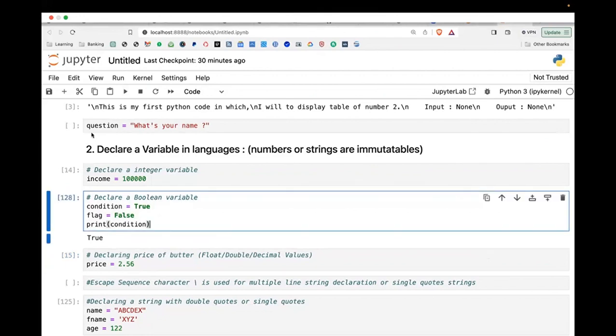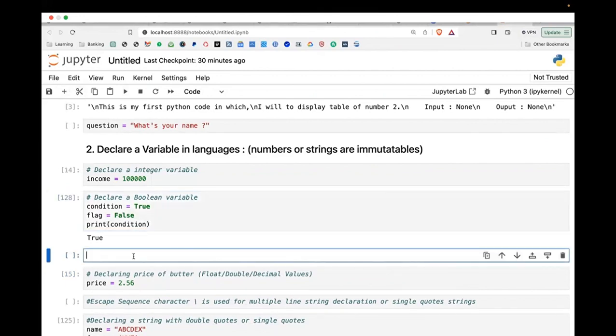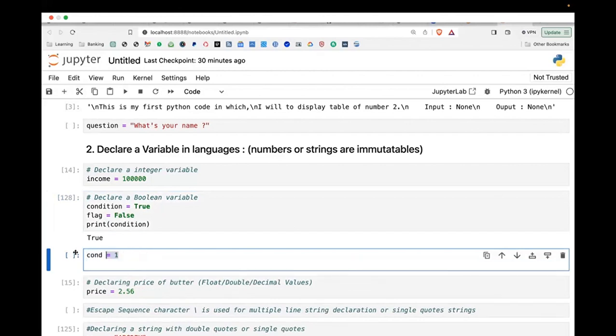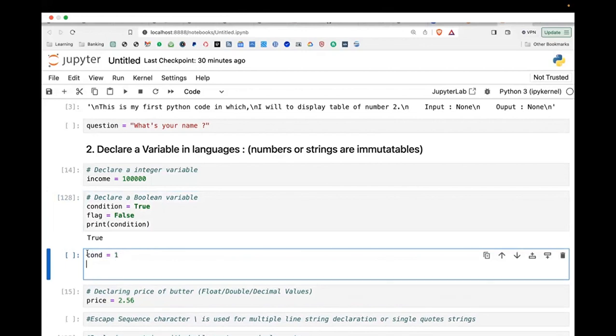Suppose a variable condition is equal to 1. Can you tell what would be the condition value for this 1? There is a function in Python, the bool function, to define the value as true or false.